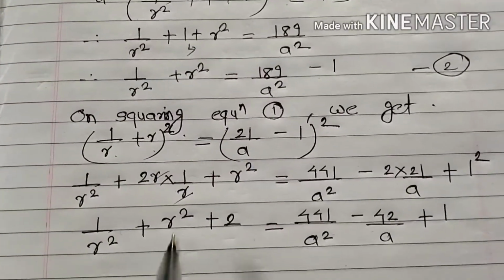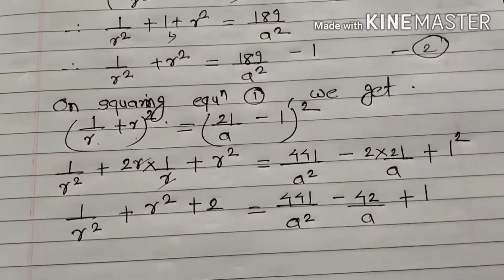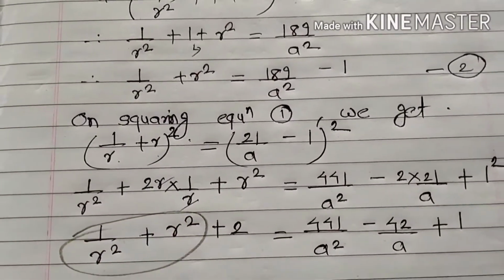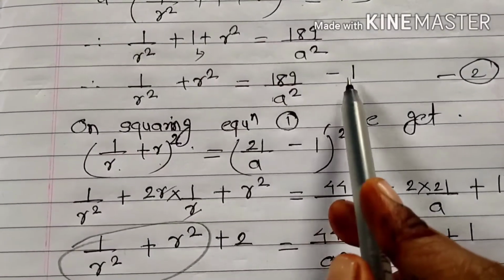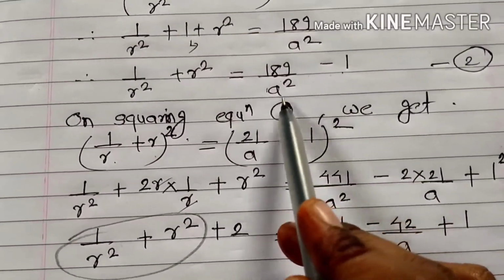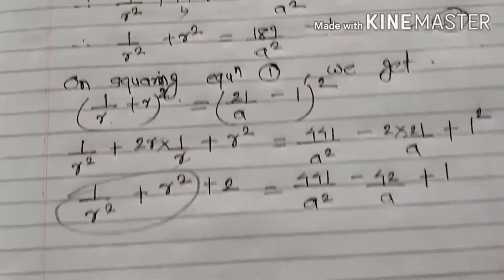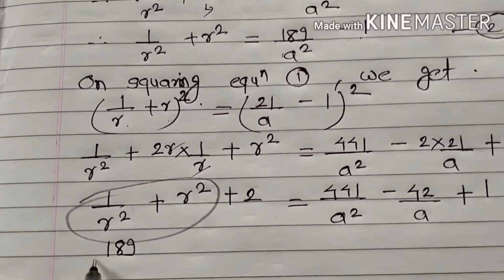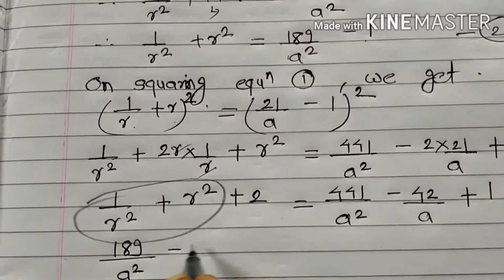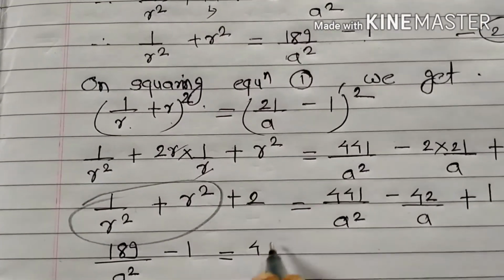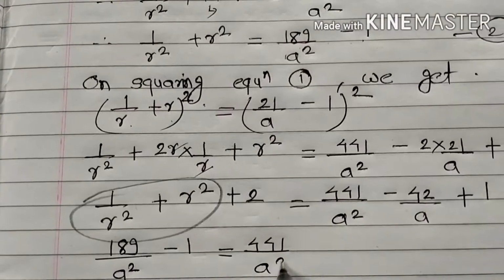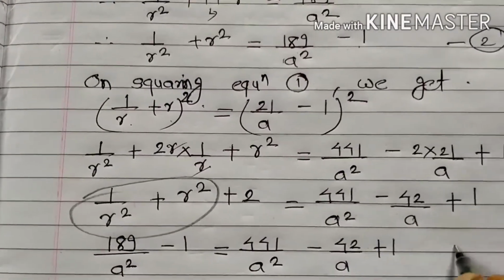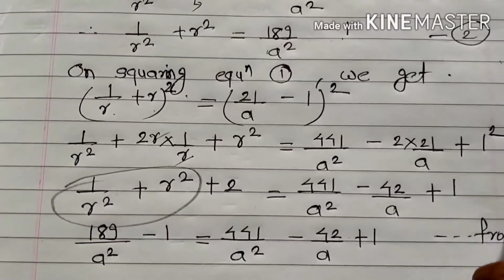Now you can observe that the value of 1 upon r square plus r square is 189 upon a square minus 1. From equation 2 you can put here the value 189 upon a square minus 1, which is equal to 441 upon a square minus 42 upon a plus 1 from second.